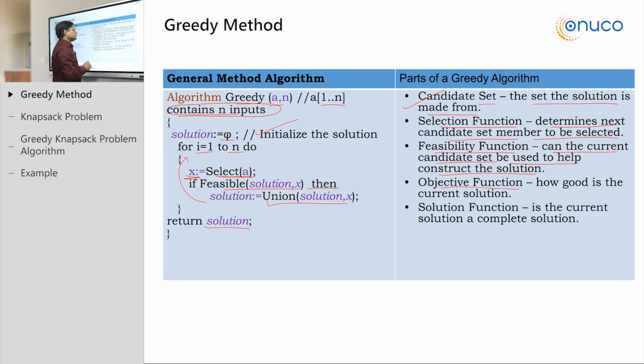Thereafter we have the objective function. What the objective function says is that we are looking for optimality, meaning the optimal solution: how good the current solution is. Remember that if the current solution is not good enough, then in the next iteration maybe we will get a different choice, a different selection. As an example, say the direct distance from A to B is 20 km, but we find there is an indirect route, A to C and C to B. A to C is 10 km and C to B is 5 km.